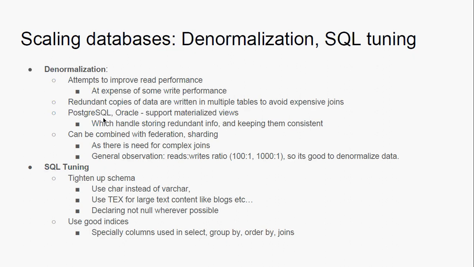And in this scenario, Postgres or Oracle does this: as and when you write to the main shards or database tables, it will also update this materialized view, as long as that column or those rows touch something in that materialized view.